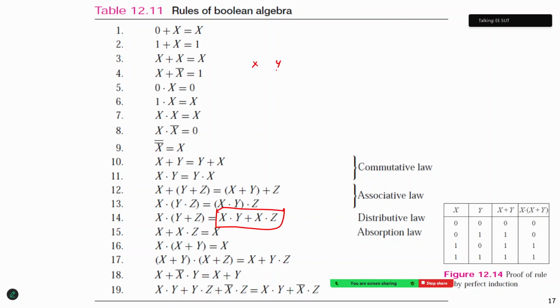X, Y, C. Okay, 100 first, right? 100, 101, 110, 111, right? We get this combination, 8 combinations.